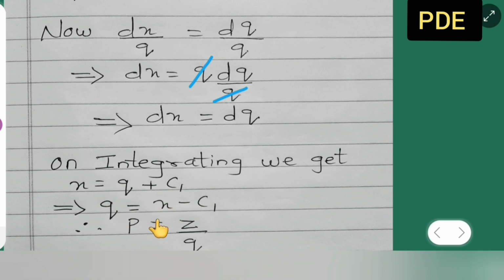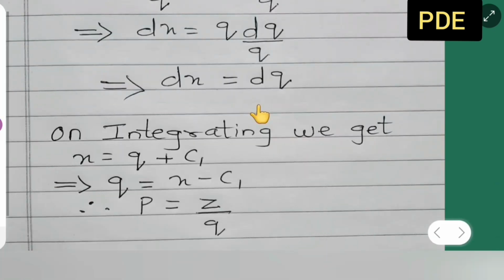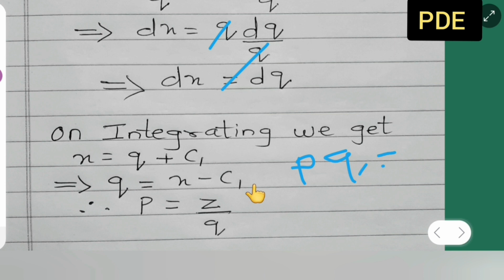Okay, therefore the value of p is equal to what? Let me rub this first. Okay, so this I have already cancelled, right? So now what you all have to do is, this is what p in the question, have you all seen there was pq is equal to z, right?